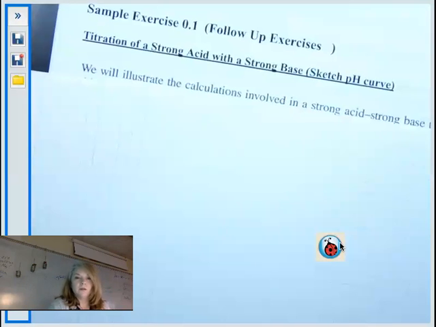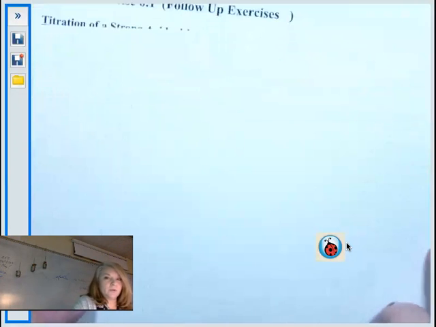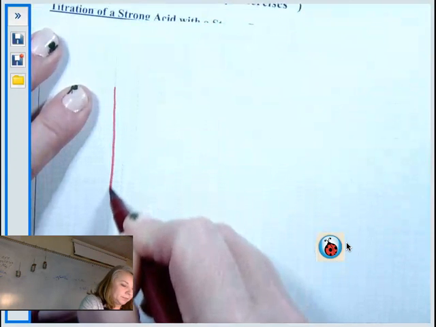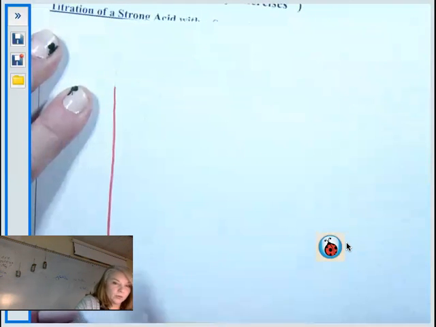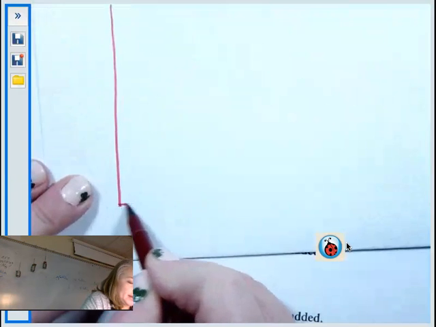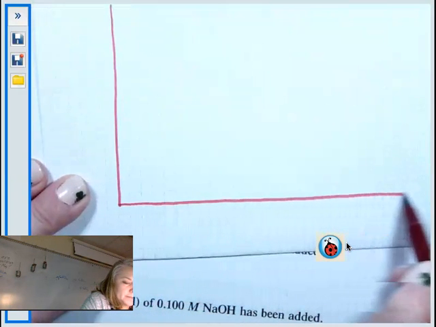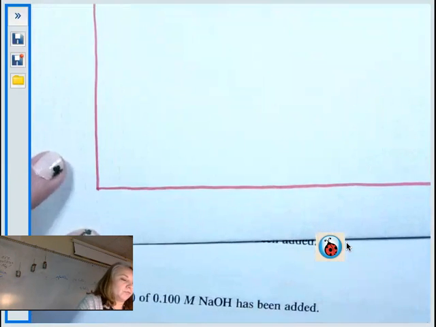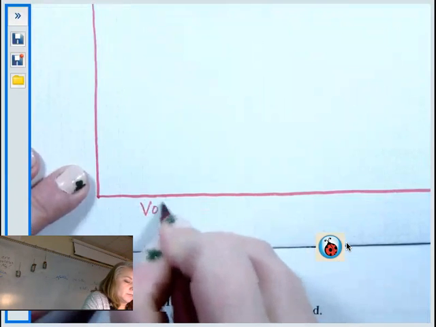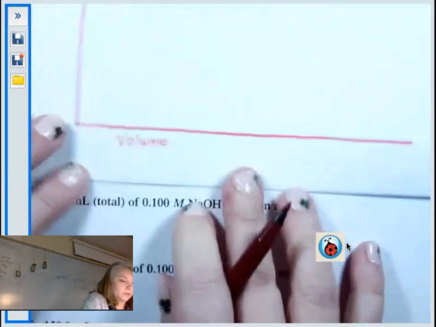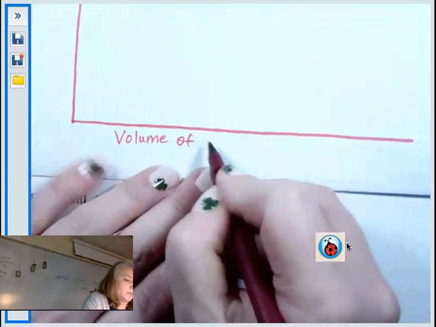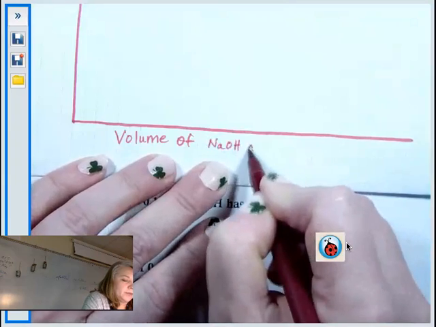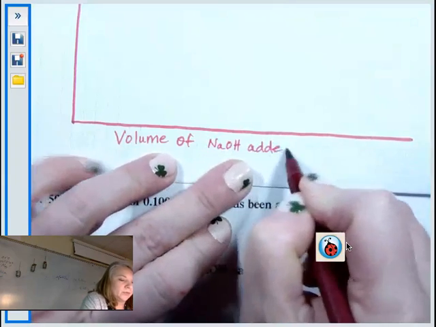So on the first graph that we're going to be sketching, we're going to be labeling our y-axis with pH, and our x-axis is going to be volume of strong base added, or volume of NaOH added. Give yourself some room because I did not give myself room to write numbers.